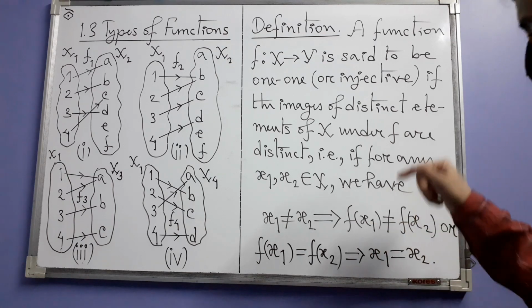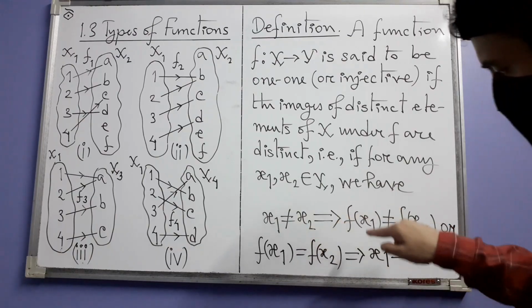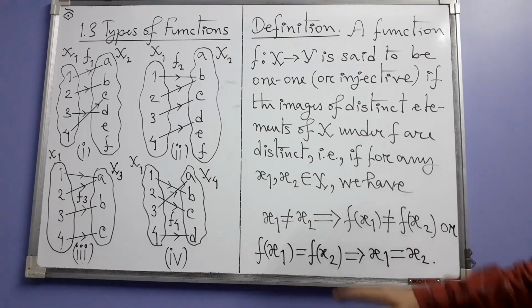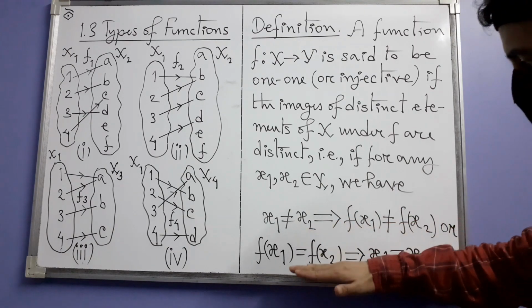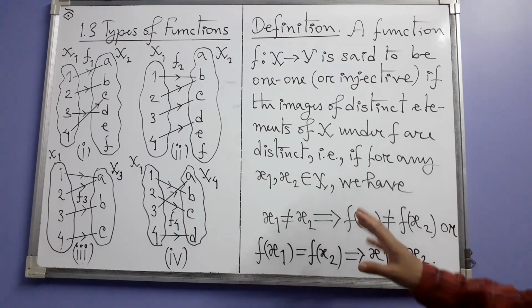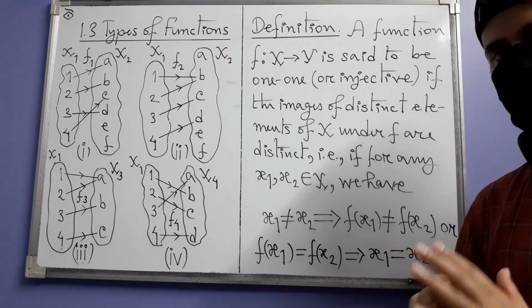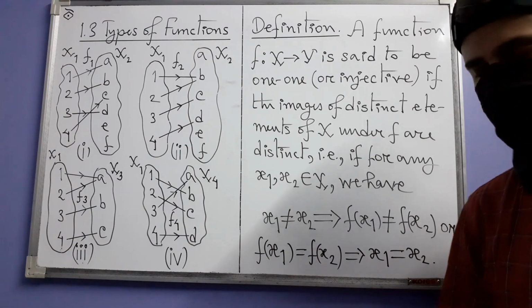That f of x1 is equal to f of x2. What is the negation of P? That x1 is equal to x2. So that is why in place of this you can also write this. Essentially they mean the same thing. I say essentially because they are also either both true or both false.